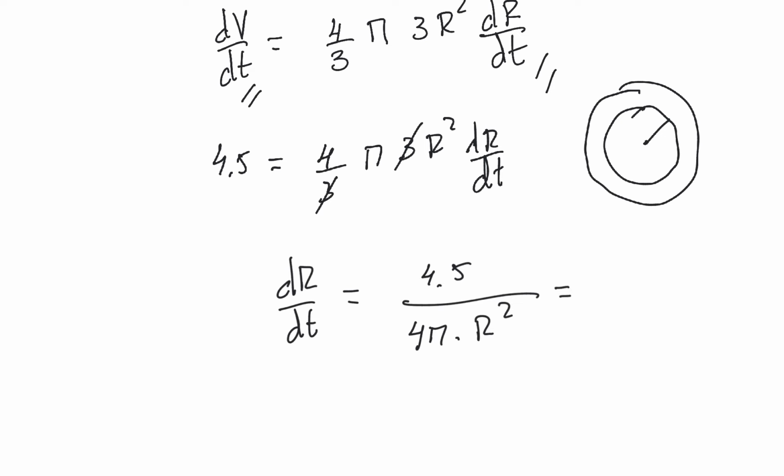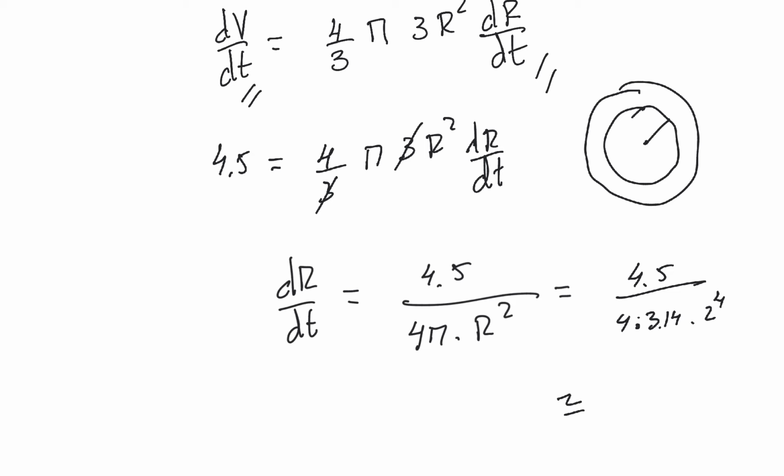If we plug in numbers when r is equal to 2, the change in the radius will be 4.5, the change in the radius per unit of time, divided by 4 times 3.14 multiplied by 2 squared, which is 4.